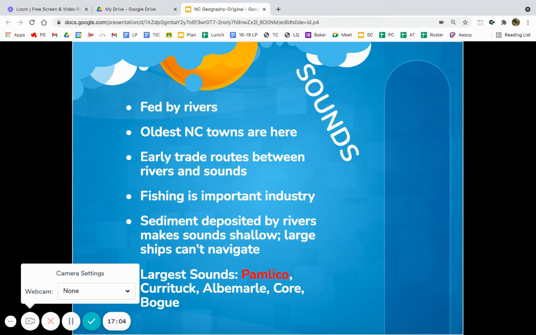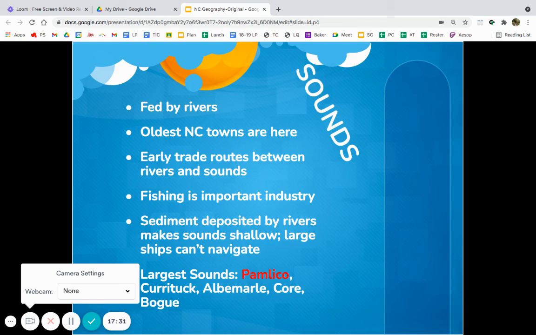That's going to become a huge issue at some point, I think in our Unit 4 or Unit 5, when we talk about the Carolina colony, and we'll focus on the North Carolina colony. We'll learn how there was a lot of trouble over the fact that these sounds were not very navigable, meaning that it was hard to navigate big ships through there.